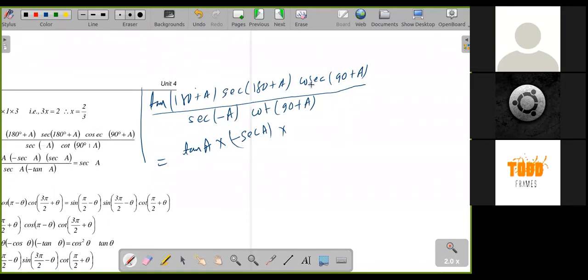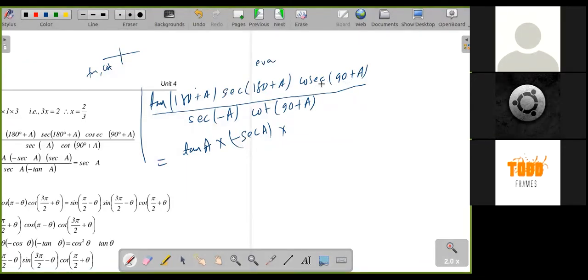So cosec, I think this will have to be repeated. Sec(180 plus a): 180 means it will not change because it is an even multiple. So I write sec, and this is in the third quadrant. In the third quadrant only tan and cot remain positive, so this will have a negative sign.